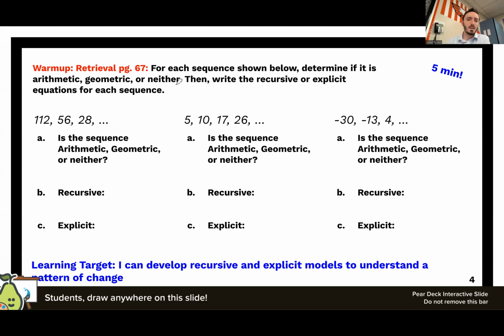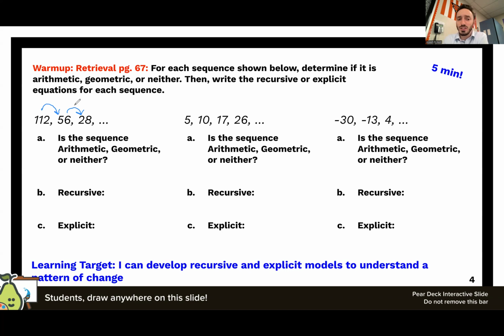All right. So in this particular exploration, we're on page 67. In particular, what we're trying to do is determine what kind of sequence we're working with. I might start with this one on the left-hand side, where if I go from 112 to 56, and then from 56 to 28, I know for sure that this is some kind of decreasing sequence.